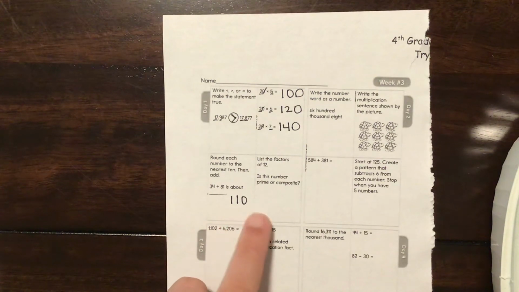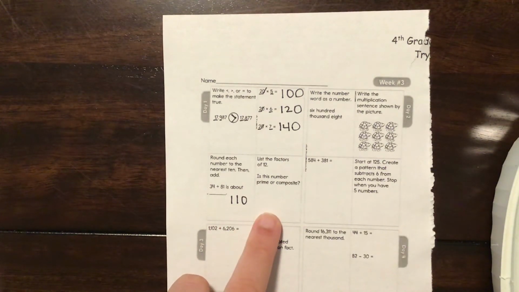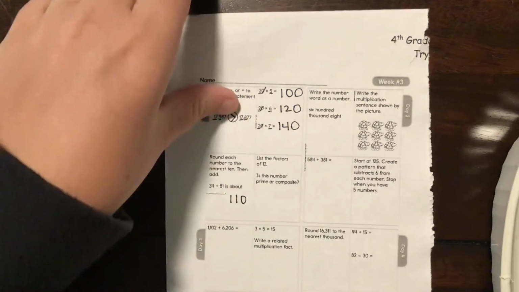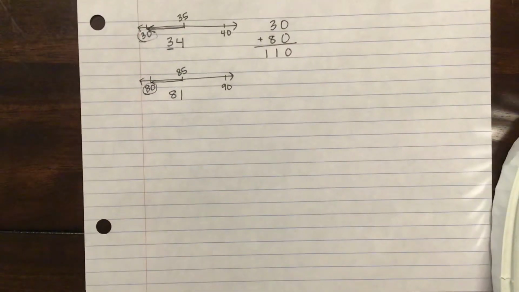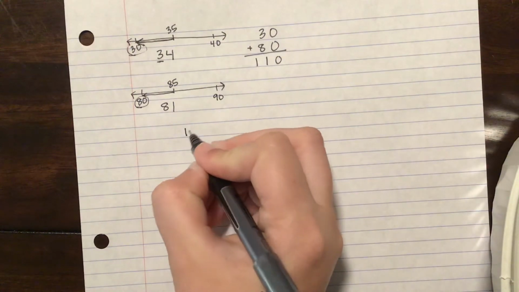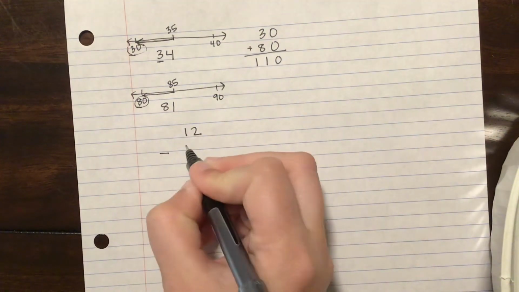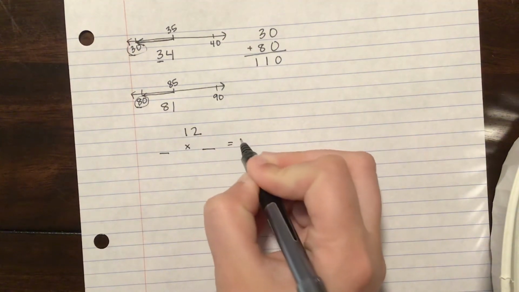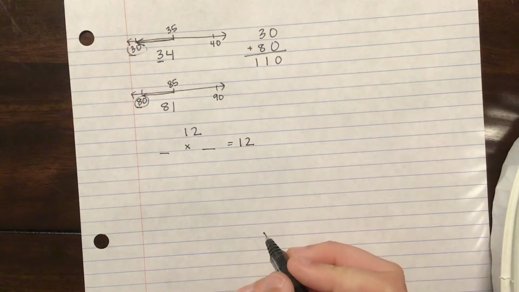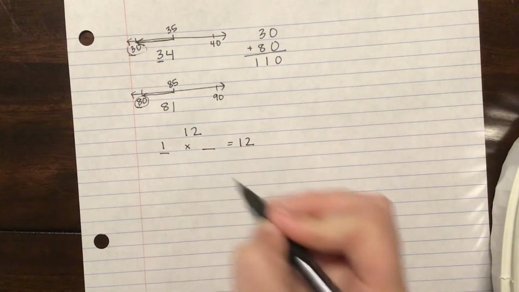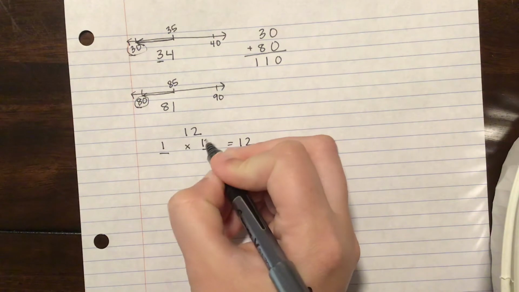List the factors of 12. Is this number prime or composite? The first step is to list the factors of 12. So these are any equations where 12 is the product. If you start with the number 1, you can multiply 1 times 12, and that equals 12.